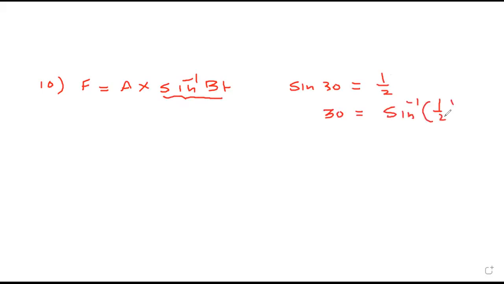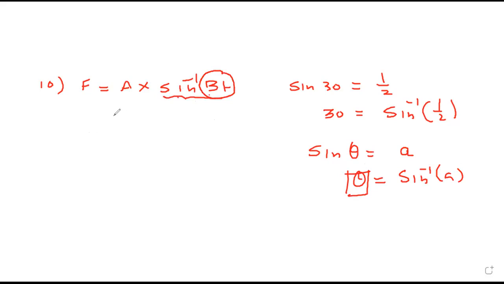That means if sine theta is something as A, then angle theta is sine inverse A. Theta means radian. Radian is dimensionless. So always with sine inverse, whatever is inside should be dimensionless because it is an angle. So B t is dimensionless. From this I get the idea B has dimension of 1 upon time.